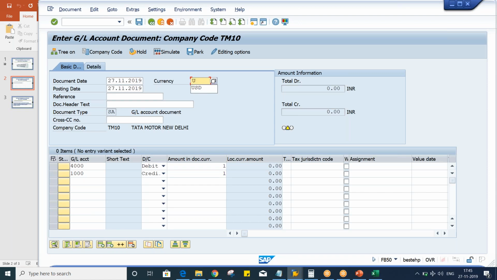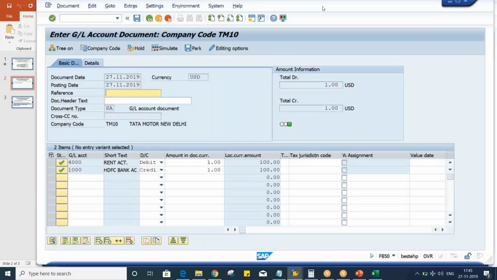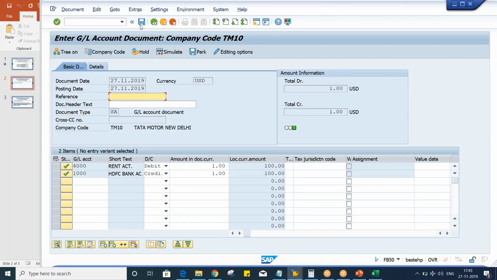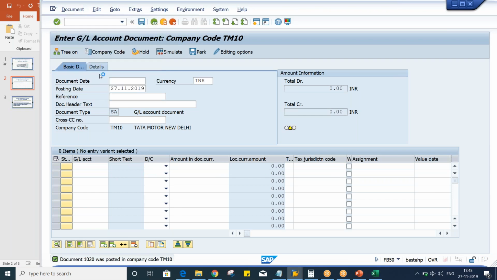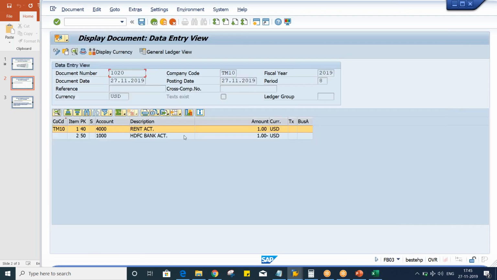Here USD we are going to give. Everything is fine. Now just post it. Now we are going to have a look here, display, and check the 1 USD. If you display currency, here it is showing.